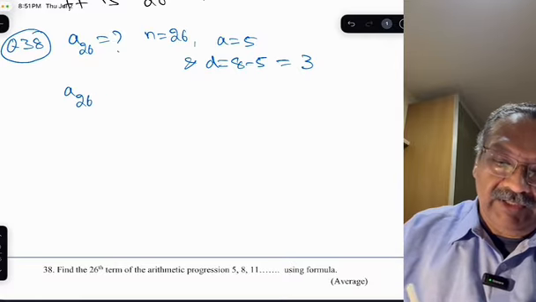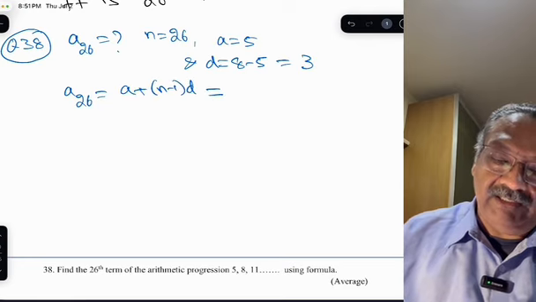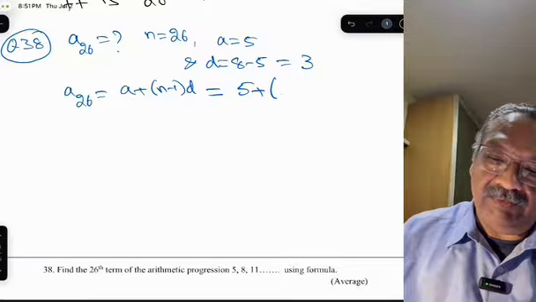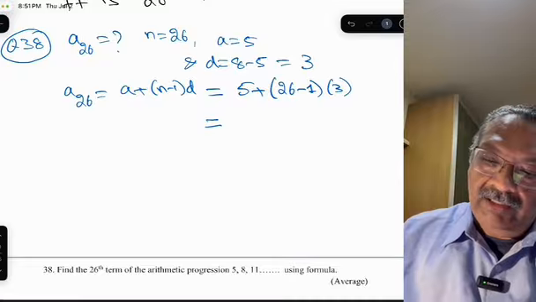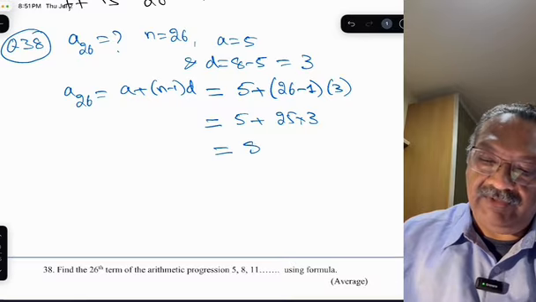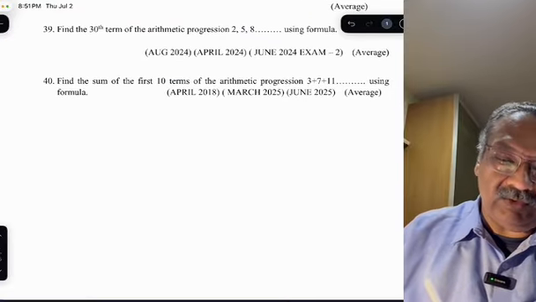So a26 is equal to a plus n minus 1 d, is equal to, what is a? a is 5 plus 26 minus 1 into d is 3, is equal to 5 plus 25 into 3. 25 3s is 75, plus 5 is 80. So the 26th term is 80.